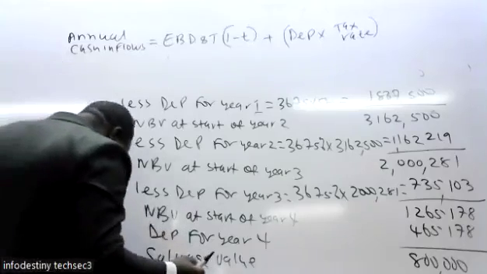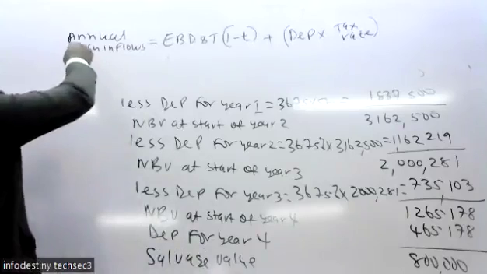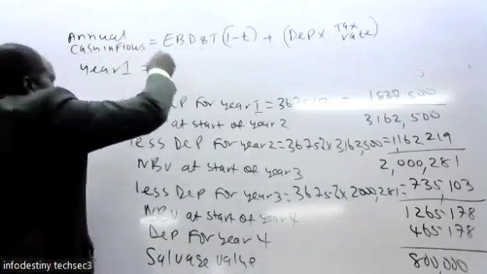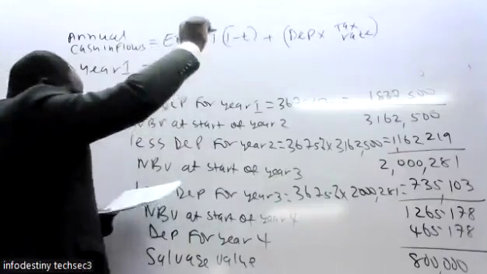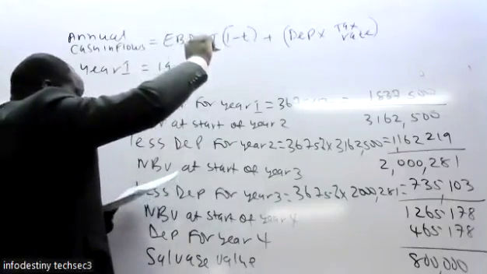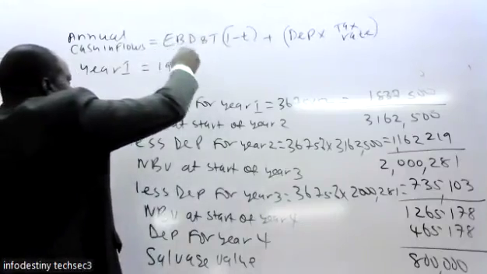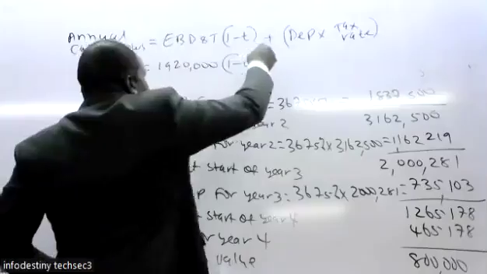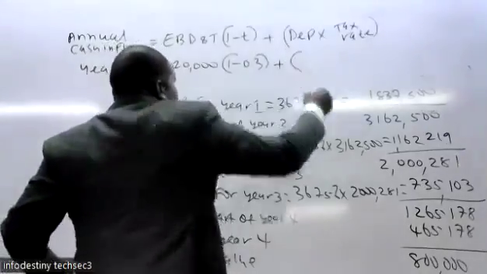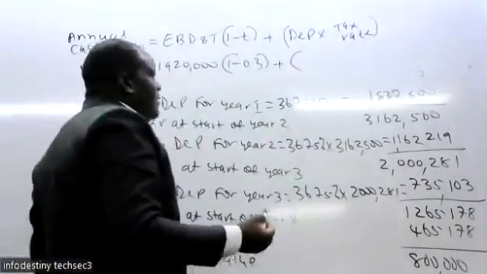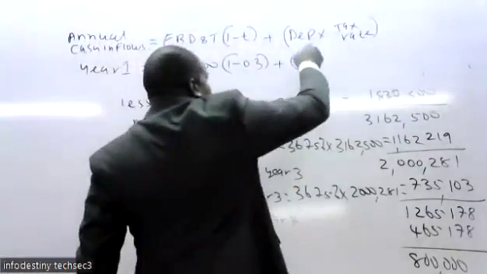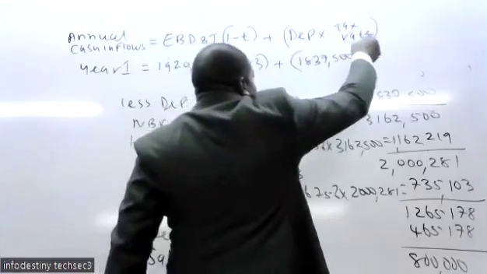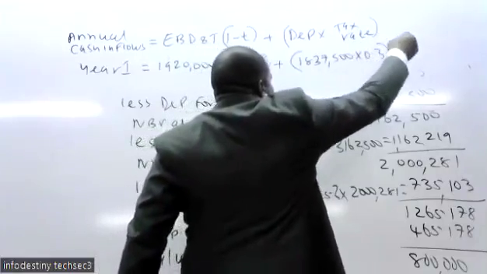So you start off with year 1. Year 1, you simply take the 1920. That figure is given to you in note number 2. That is the earnings before depreciation. So 1 minus the corporate tax like that. We already have depreciation for year 1, 1,837,500, so multiply by 0.3.